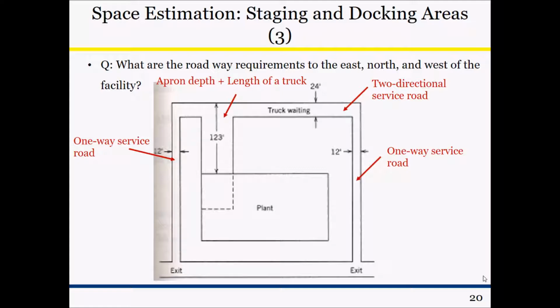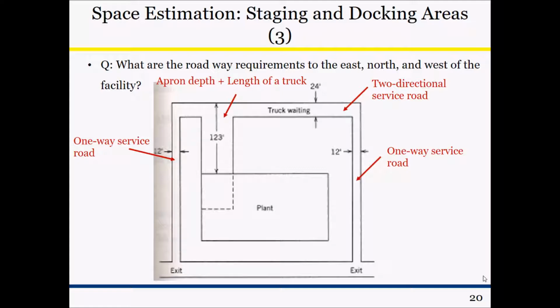And once again, if we have pedestrians, then definitely you can add 4 to the 24 feet. Also, the distance between the two directional service road on the north side and the plant will be 123, because the apron depth was 63, and the truck length was 60.